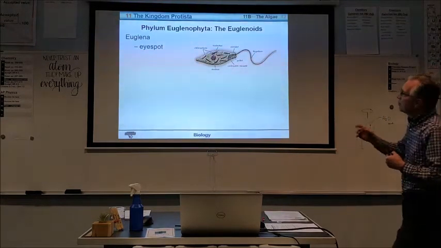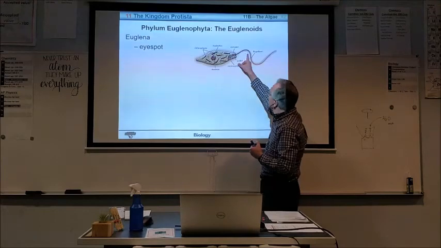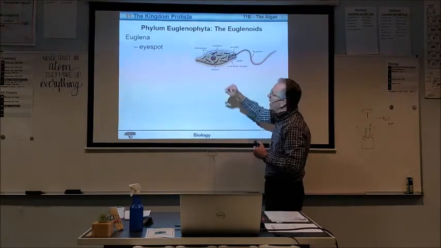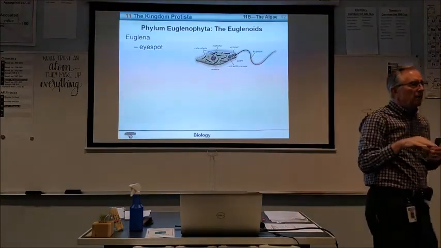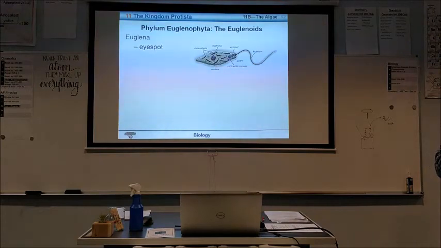Another structure that you see at the head end is something called an eye spot. Now, as soon as you see eye spot, you think they can see. Well, no, they can't see images. They can only detect light. So if they make their own food, they're probably going to be looking for more or less light.